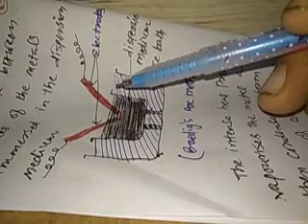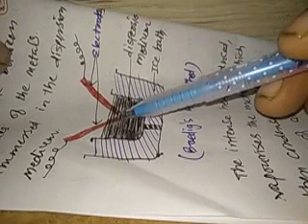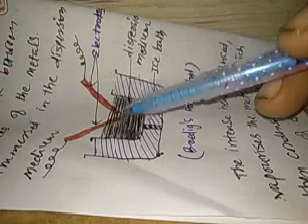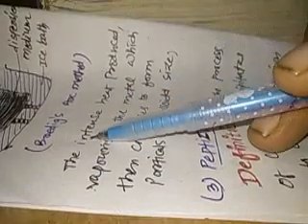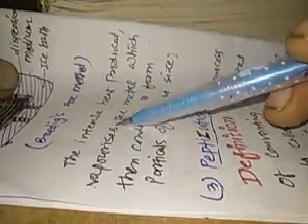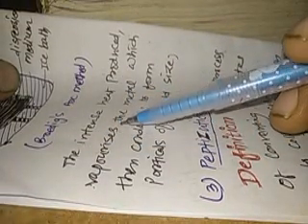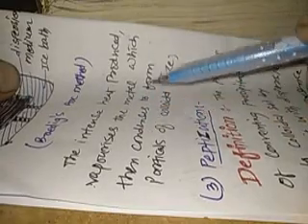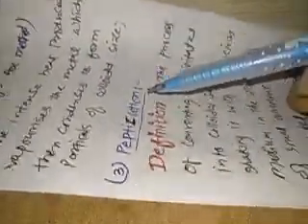It is condensed, and due to condensation, colloidal sized particles of this metal are produced. So this is how we can prepare the colloid. The same I have written here: the intense heat vaporizes the metal, which then condenses to form particles of colloidal size.